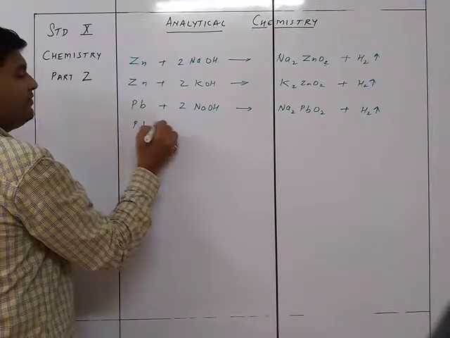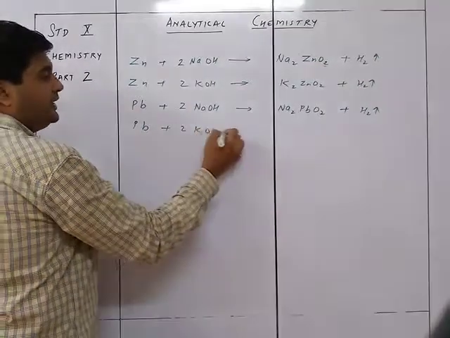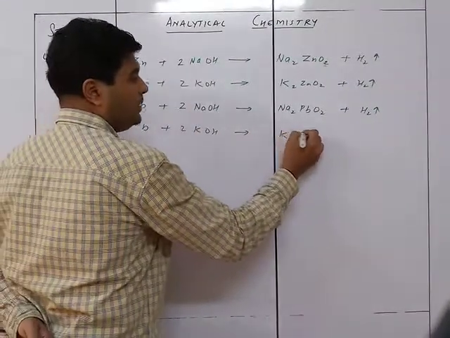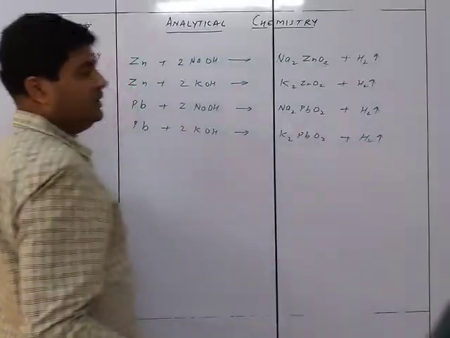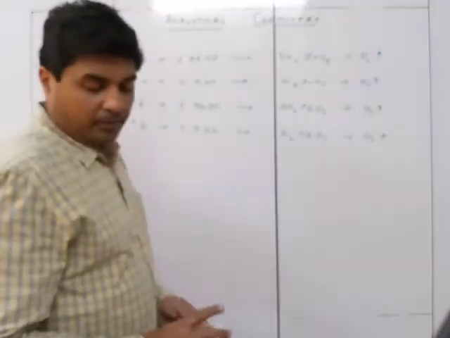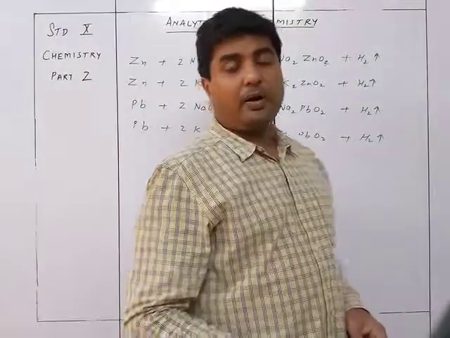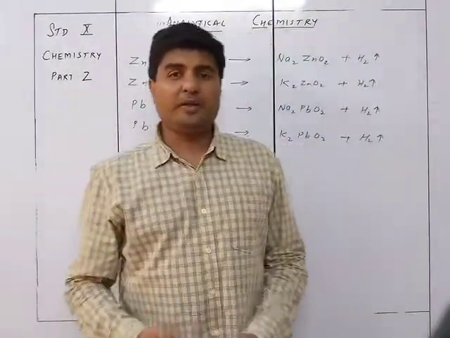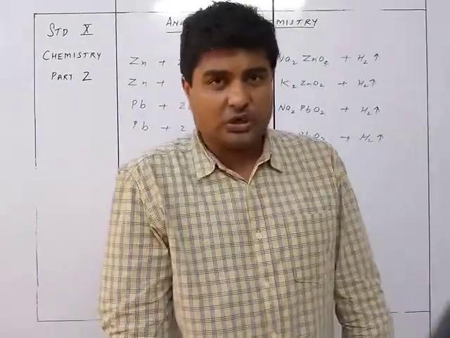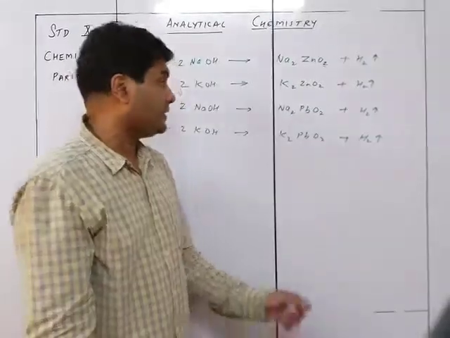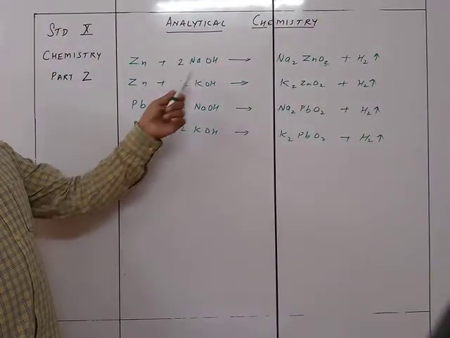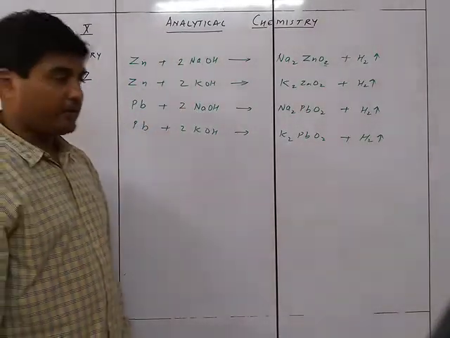Same thing, even if I take 2KOH, it is going to give me K2PbO2 and hydrogen gas as the end result. So potassium plumbite and sodium plumbite will be the resultant salts which I get when I am reacting zinc and lead with potassium or sodium hydroxide.